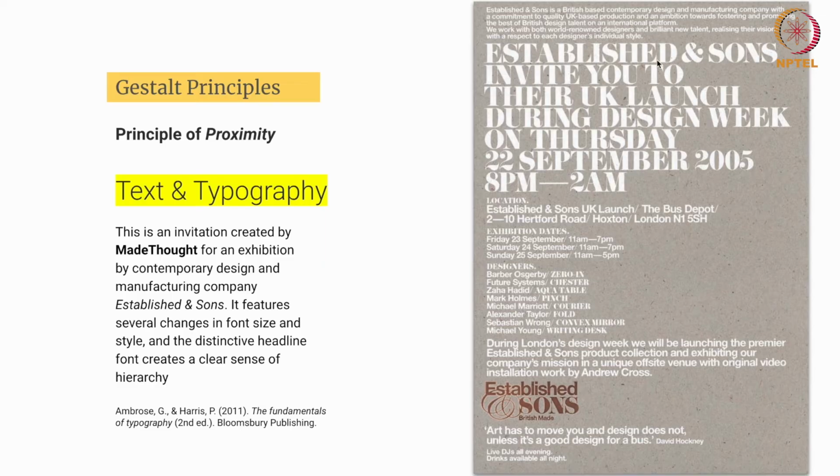Again, within serif, there are the bolder versions of it, and there are light and regular versions which are associated to that. And this is again an overall invitation created by Metro for an exhibition by Contemporary Design, a manufacturing company established and Son. It features several changes in font size and style, and distinctive headlines. Font creates a clear sense of hierarchy.